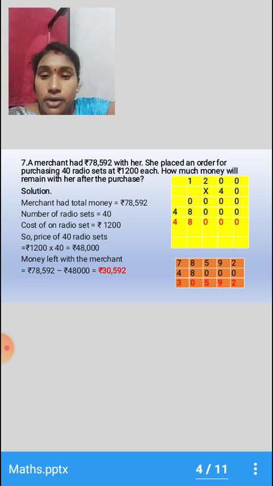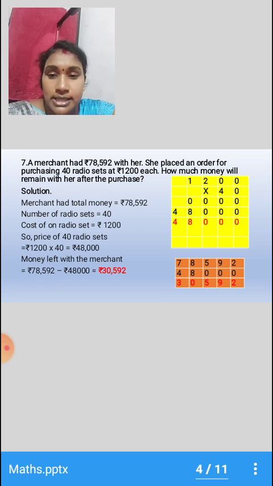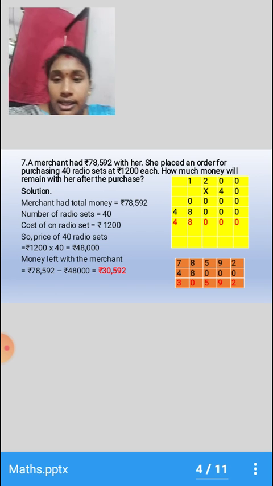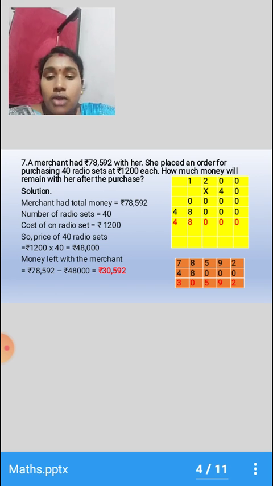So first you have to write down the statements. The merchant had the total money of 78,592. The number of radio sets were 40. Cost of one radio set is 1,200.